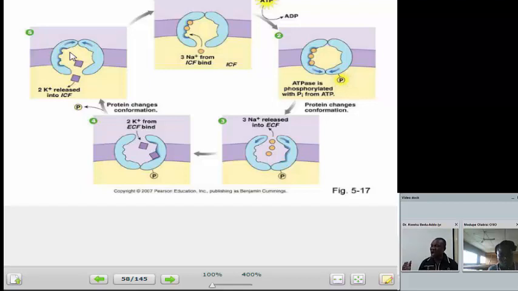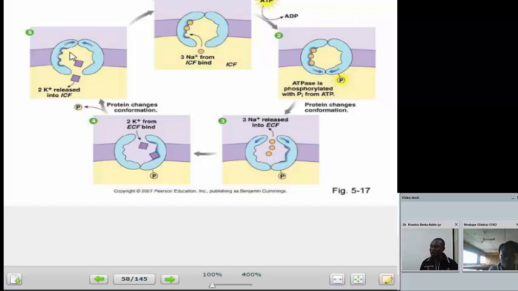Now, ions can move across the membrane using channels. So sodium can move along its concentration gradient into the cell using sodium channels. In the same vein, potassium can move from the cell to the extracellular fluid using potassium channels along their concentration gradients.